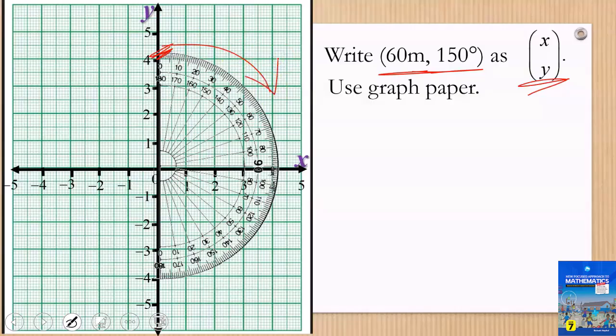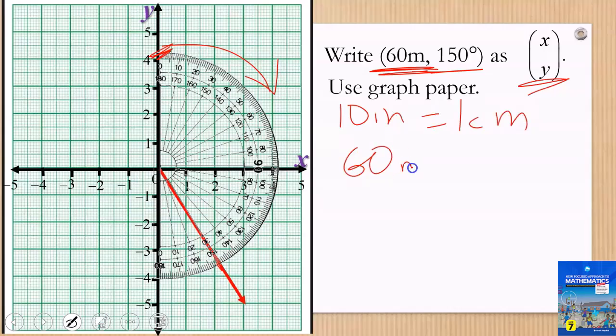So in the clockwise direction, we are going to read our 150 up to this point. Then we draw our line to pass through that. Again, we can't measure 60 meters on paper, so let's represent every 10 meters by 1 centimeter. So once we have 60 meters, we can call it 6 centimeters.